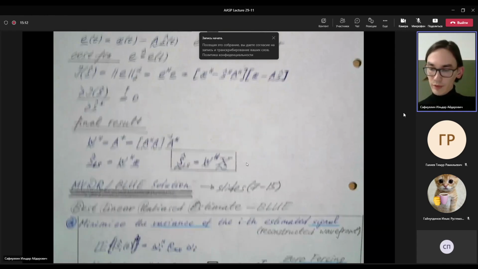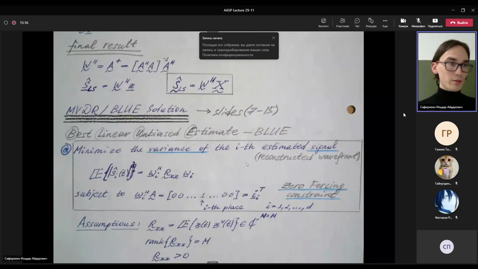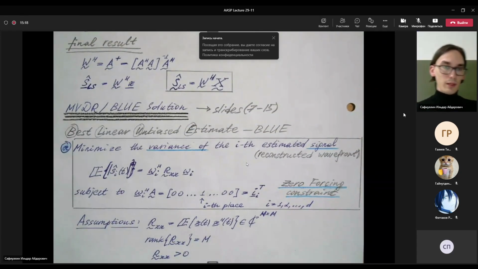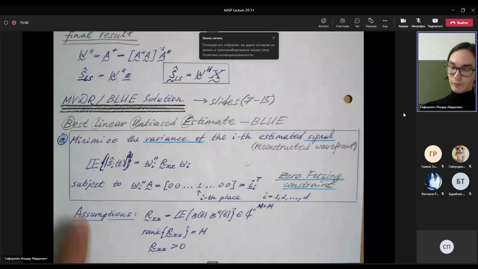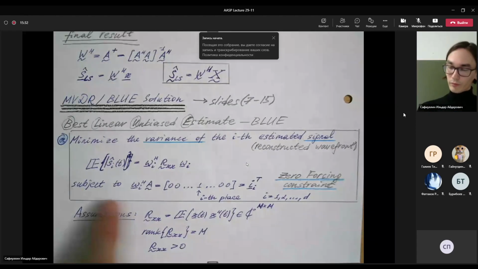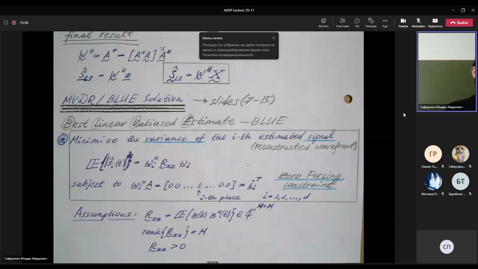Then we have the second algorithm, MVDR or BLUE, where BLUE is the best linear unbiased estimate. Here we assume two cases. In the first, we minimize the variance of the ith estimated signal subject to this zero-forcing constraint.